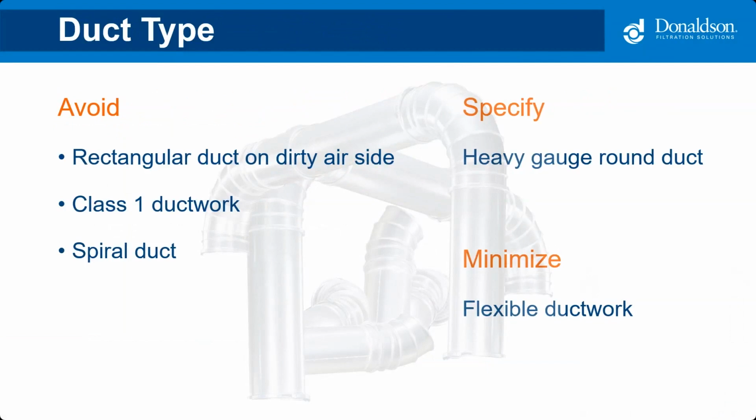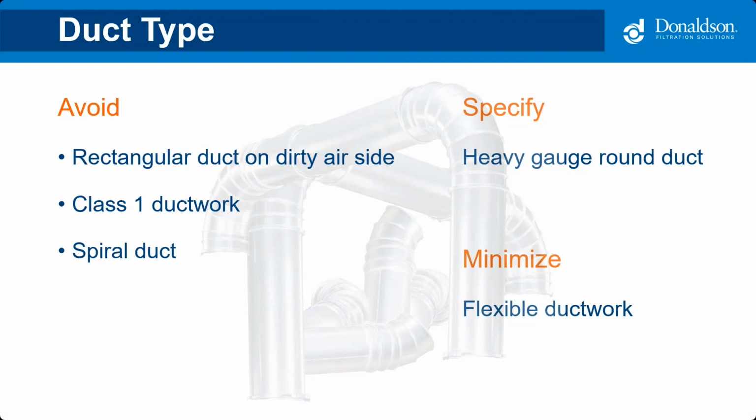So when specifying industrial duct systems, we want to make sure you call out round, heavy-duty industrial ductwork. Most dust collection applications will use Class 2, 3, and 4 ductwork when designed by SMACNA standards. Typically, the higher the class rating of the ductwork, the heavier the gauge.